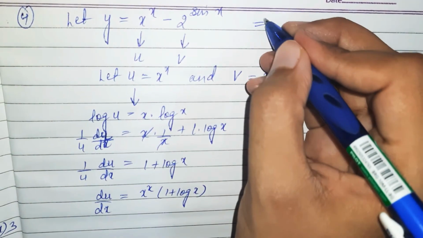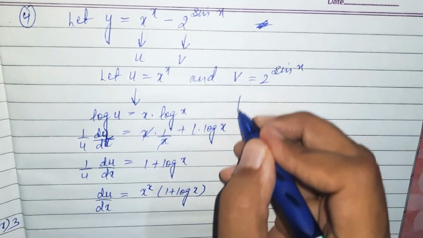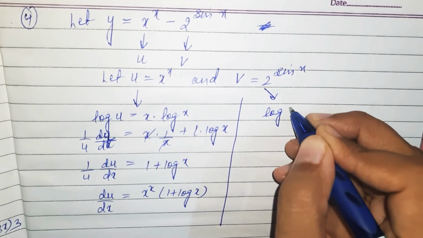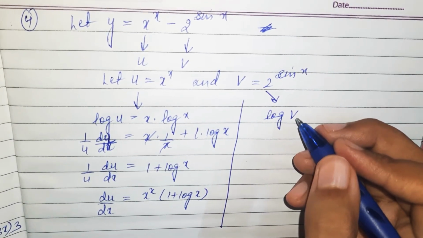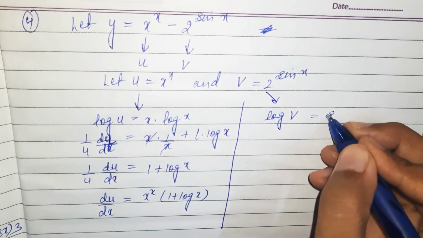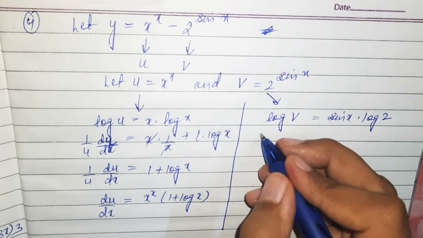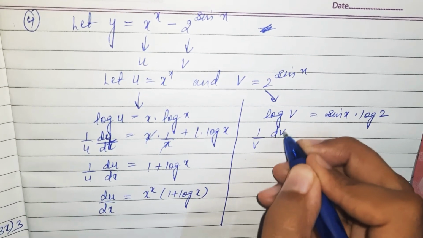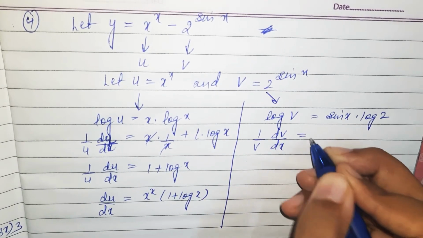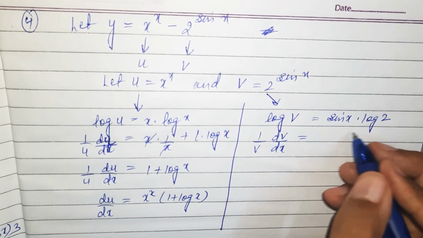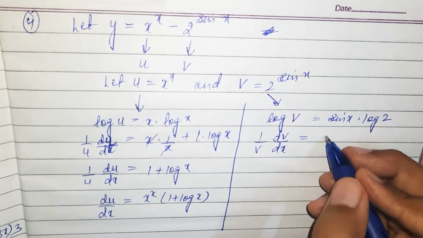Now after that, what I need to do? Now apply log v. If I am applying log v, what I am getting is sin x log 2. Log 2 is a constant. Then 1 upon v dv by dx: I take the first function the same and differentiate log 2, which is 0.